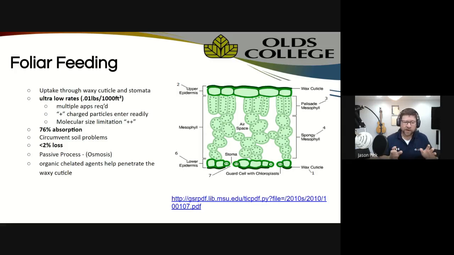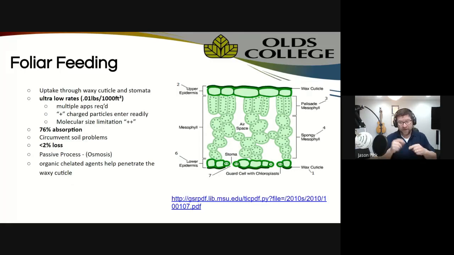There are some organic agents that help penetrate. Organics are great in that you guys know about the waxy cuticle on all your leaf blades. It helps with defending itself. Water and oil don't mix, or water and wax don't really mix. So the organic chelating agents is what they add to some of these things to bypass that waxy bit. It's a bit of wax, essentially.